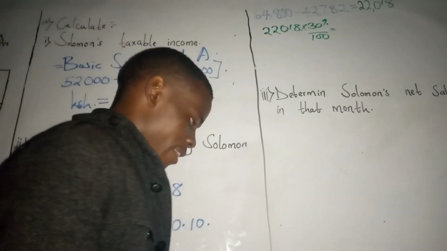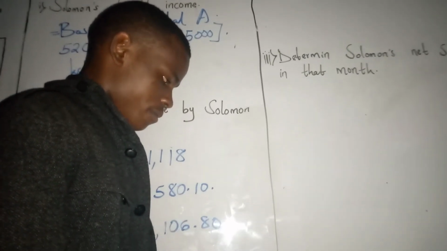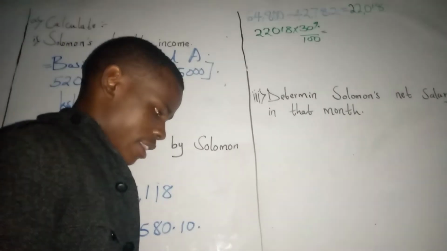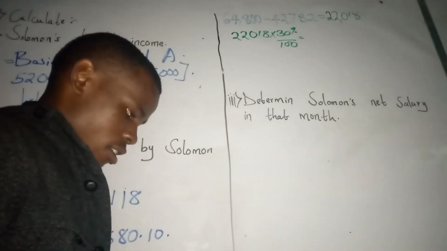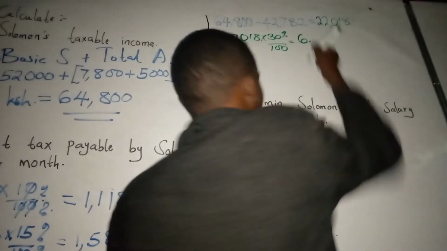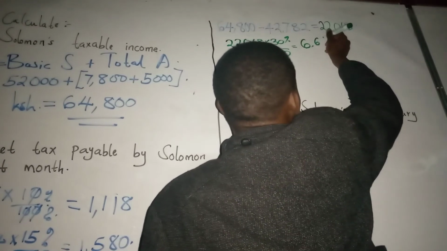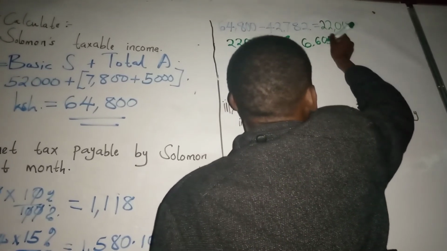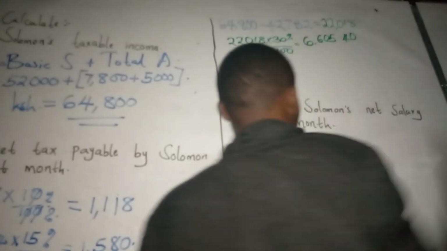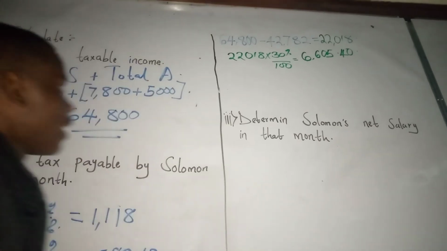So if you multiply that, 22,018 multiplied by 30, then divide by 100, you are going to get 6,605.40. So we have ended our taxation.